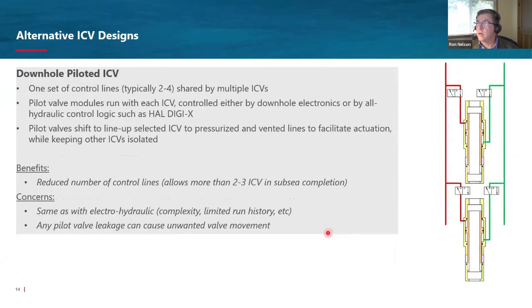Another design out there is what I refer to, at least anyway, as a downhole piloted ICV. So basically, we can run either two cables, or in some cases 4 or 5 hydraulic lines, and on each set of valves we have these pilot valves, and you either use a TEC to shuttle these valves, or use hydraulic logic, similar to what we do on production platforms, where which lines are pressurized, there's a logic to that that assigns positions to these shuttle valves.